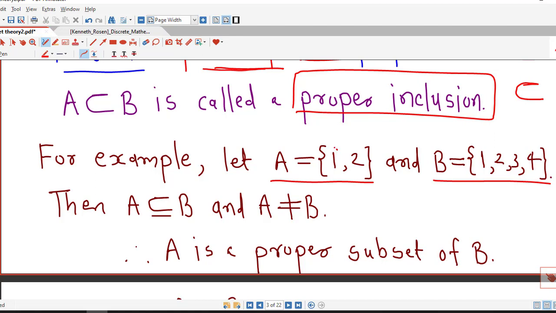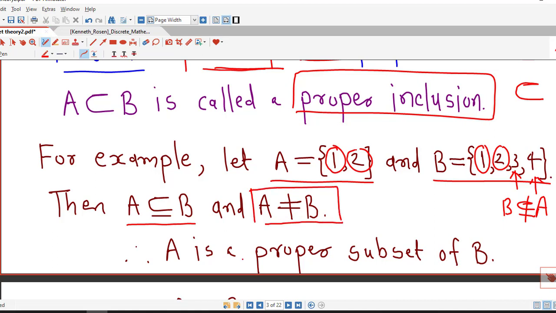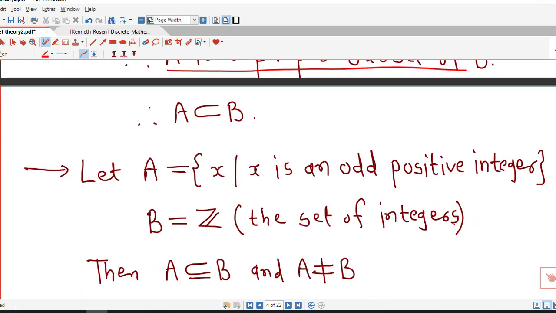Then we can see every element of A is an element of B. So therefore A is a subset of B. But 3 and 4 are not present in A. So B is not a subset of A. So if B is not a subset of A, then A and B are different. So A is not equal to B. Therefore A is a proper subset of B.